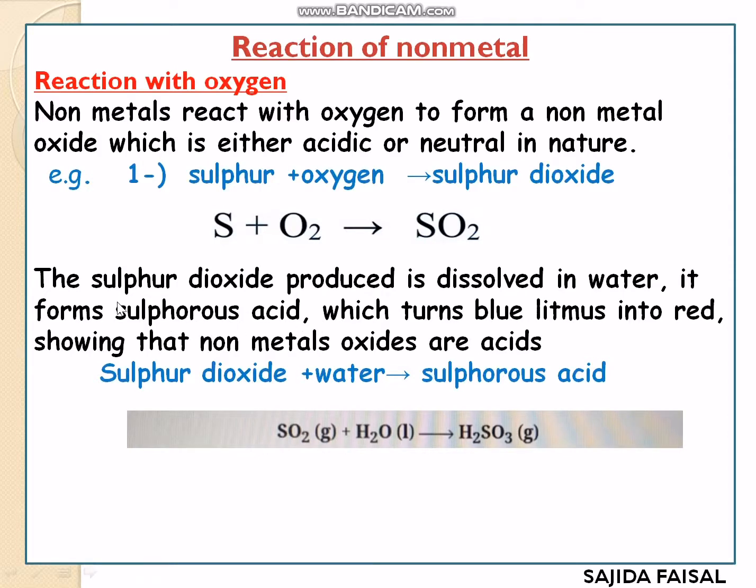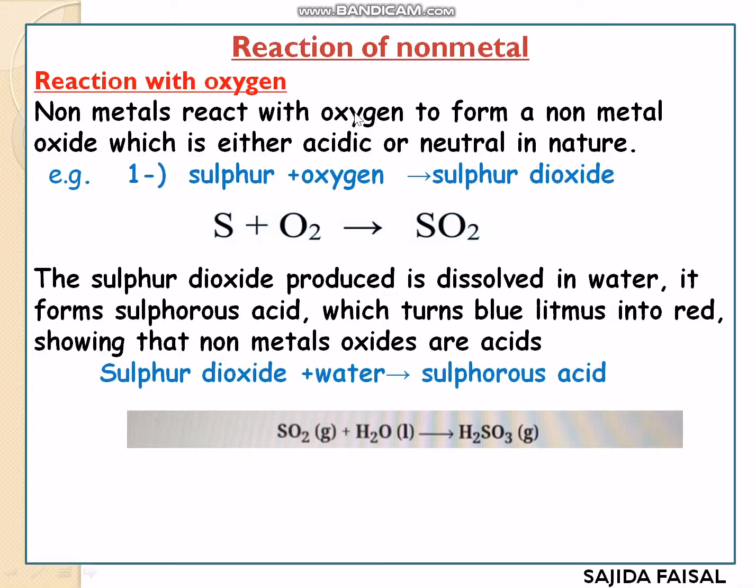Sulfurous acid. Then how can we check whether it is acid or base? We can use blue or red litmus paper. From the name itself we know it is sulfurous acid, but if we get a solution, we check using blue litmus paper. It changes into red, showing that it is an acid.